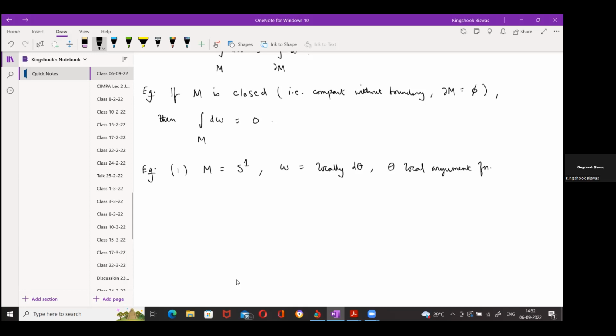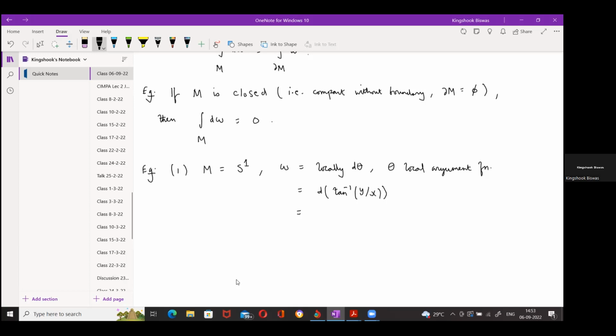Okay. So in fact, what will this be? Locally, this is d of tan inverse y by x, right? So what is the derivative of tan inverse x?